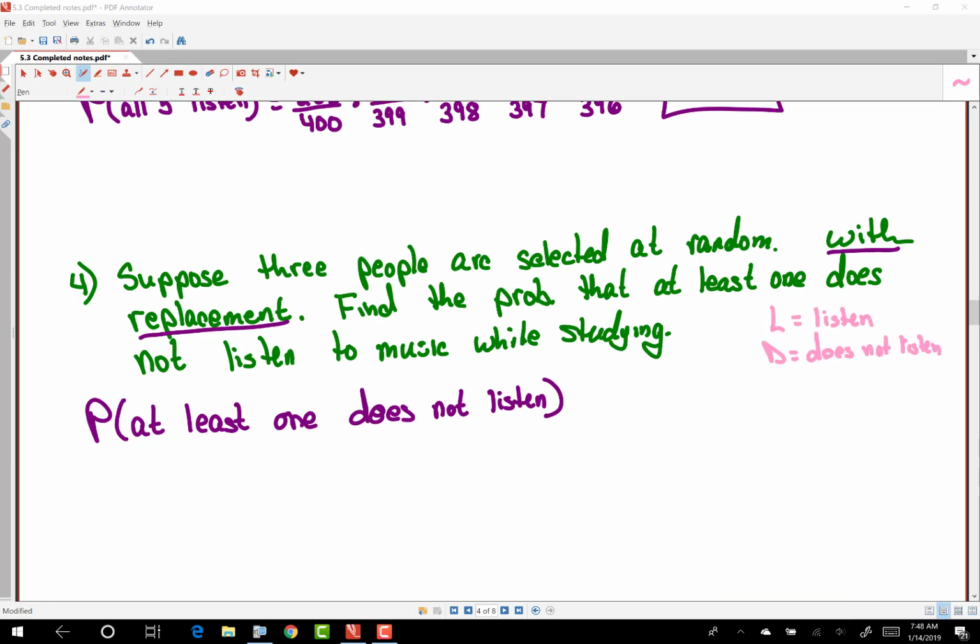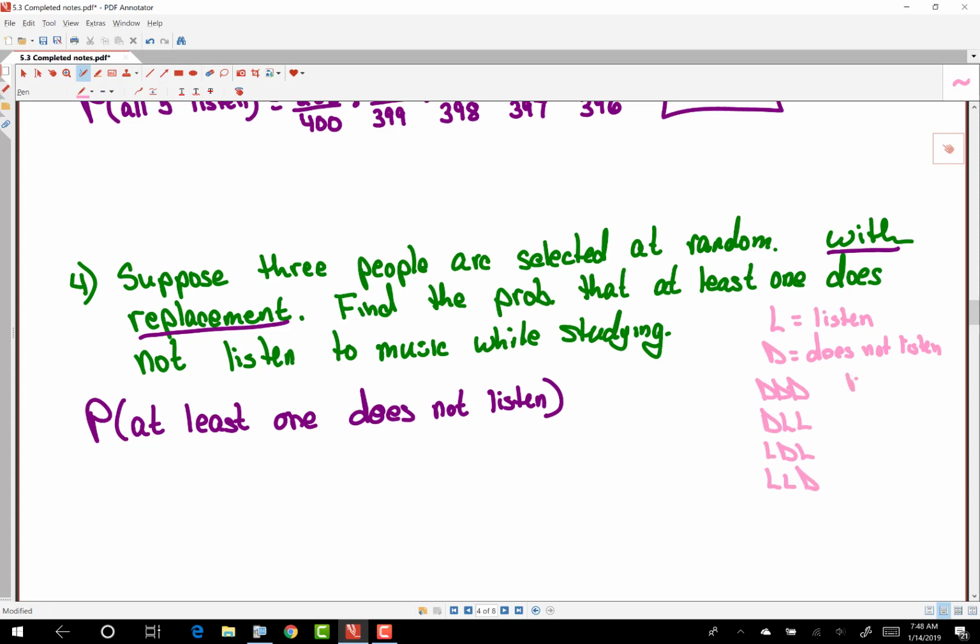If we do it directly, if at least one does not listen, we have lots of different ways that could happen. You could have does not listen, does not listen, does not listen, where they all 3 do not listen. Or you could have does not listen and listen, listen. Or listen, does not listen and listen. Or listen, listen and does not listen.